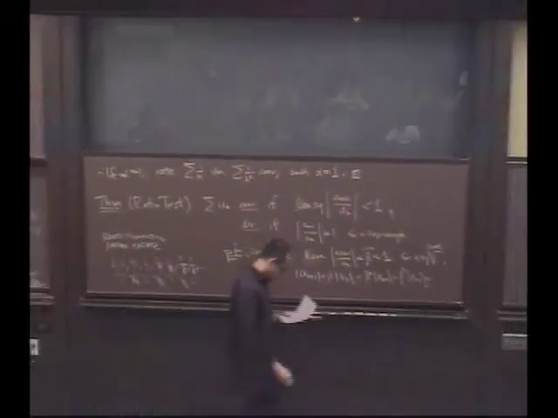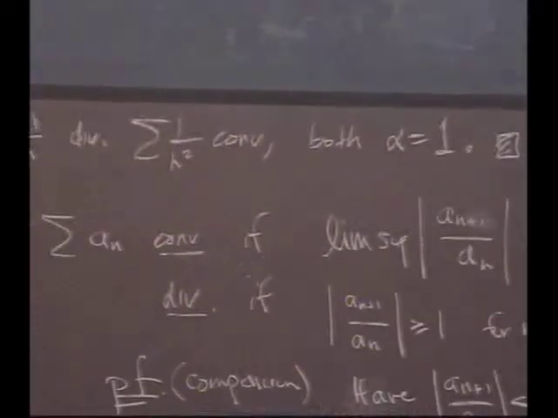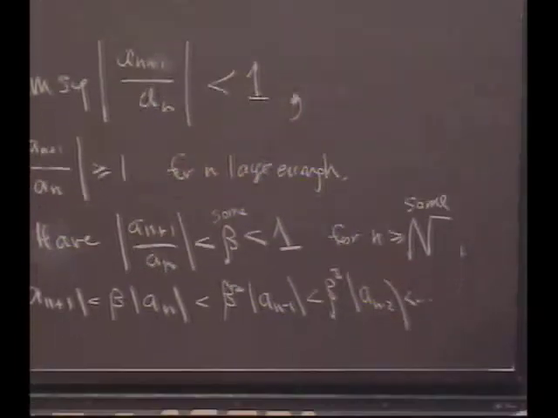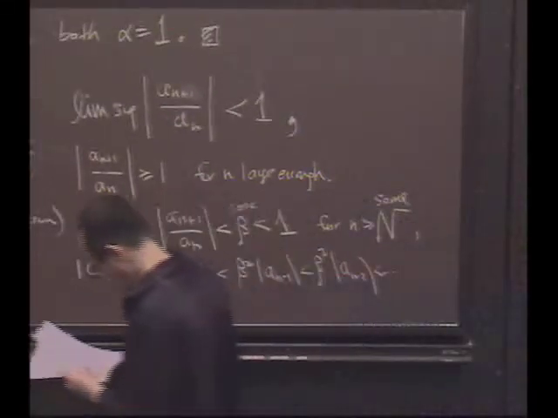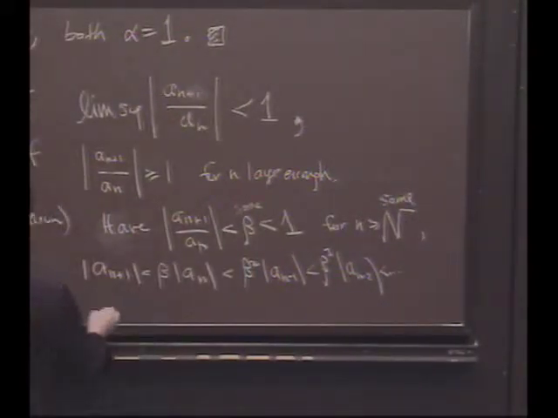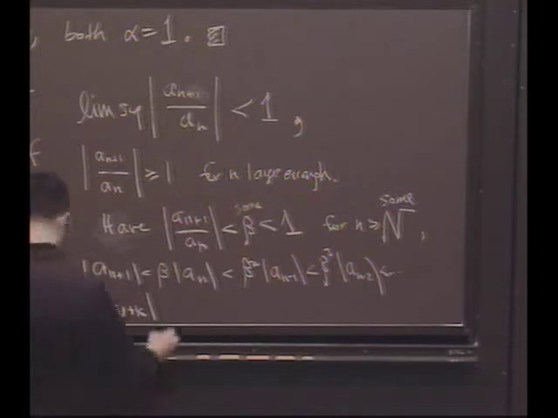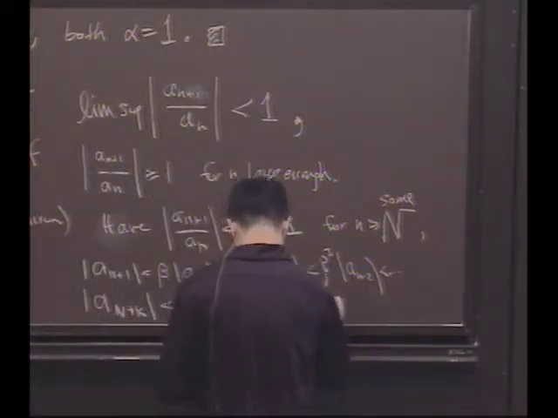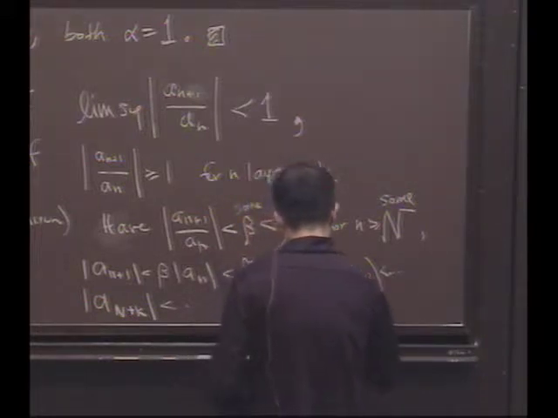But what you find eventually is you can go as far back as you want, and you just introduce a new beta each time. So what you could see is the following: A sub big N sub k is less than, by the same argument, beta to the k of A sub n.